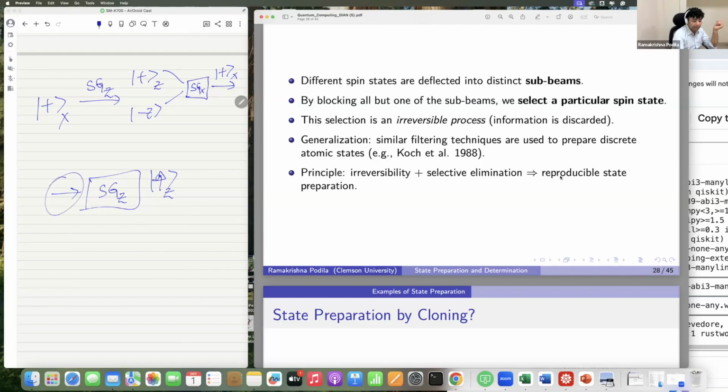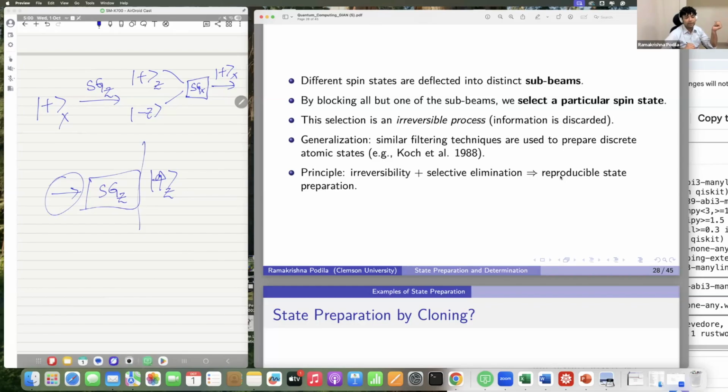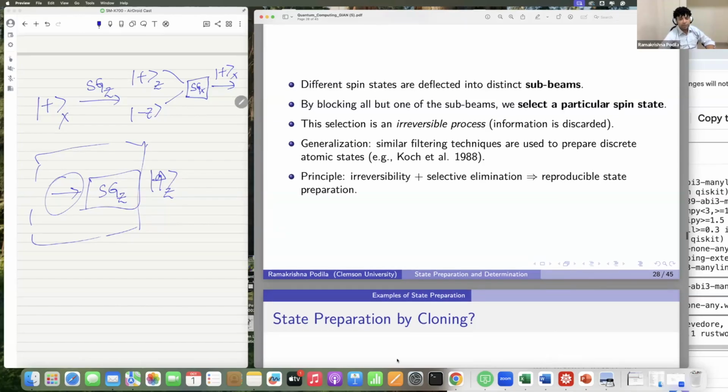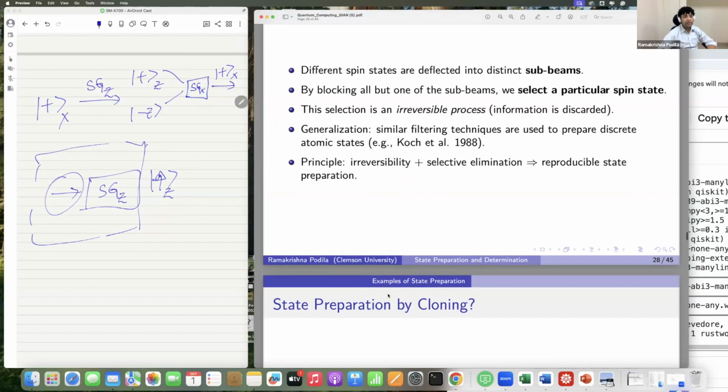I can only have information about what has happened after the Stern-Gerlach apparatus, because this entire part is my state preparation procedure. That's why I'm calling it an irreversible process. Koch et al. used similar filtering techniques to prepare hydrogen and measure the discreteness and the coherence there.